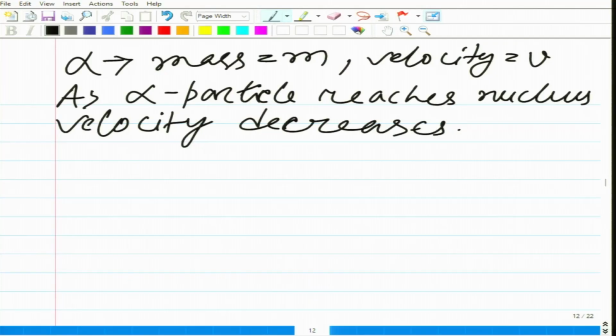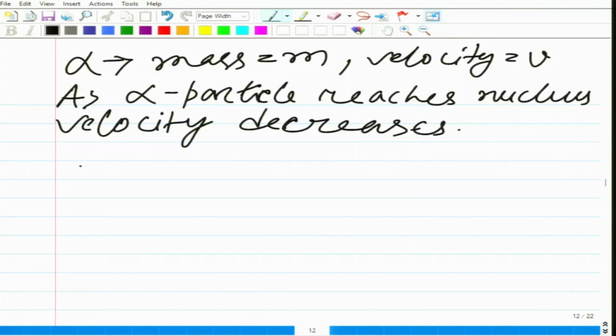Due to this repulsive force, the velocity of the alpha particles will decrease gradually, and at some point near the nucleus, the alpha particles will stop. The distance at which the alpha particles stop while approaching the nucleus is called the distance of closest approach. After that distance, alpha particles cannot approach the nucleus; rather they will deflect back, retracing their initial path.